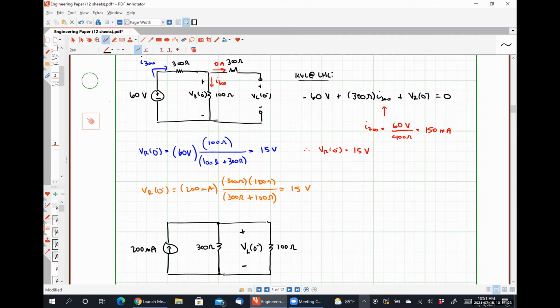Nothing wrong with that at all, but that was like 4 steps. The voltage division method was doing the source transformation and then doing voltage division, 2 steps. And then Ohm's law is 1 step. All of them are equally valid, but one of them is a more efficient means by which to solve.